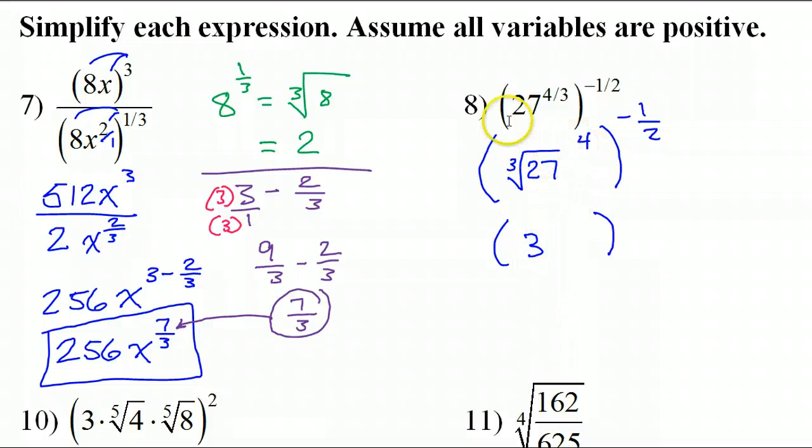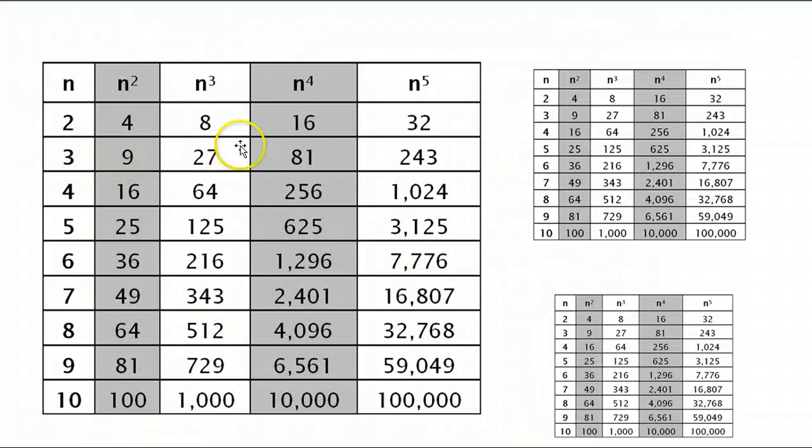But now I have 3 to the 4th power still. All right, in fact, let me tighten this up a little bit. All right, and I still have this negative 1/2 power hanging around. But 3 to the 4th power is 81. Okay, see, 3 to the 4th power is 81.